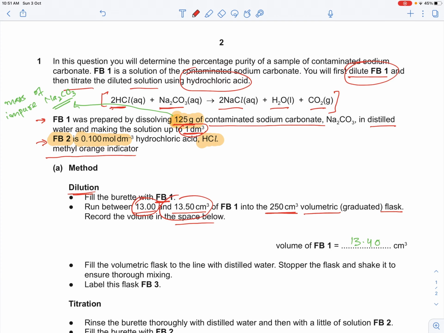So I have taken 13.40 centimeter cube. Now fill the volumetric flask to the line with distilled water.